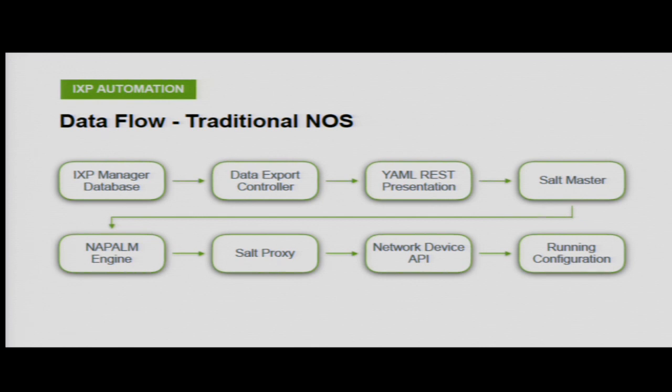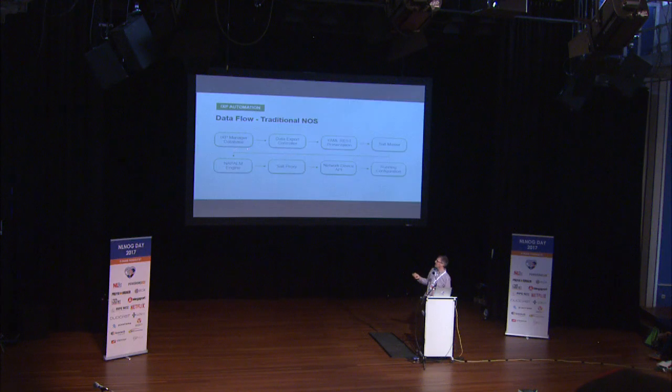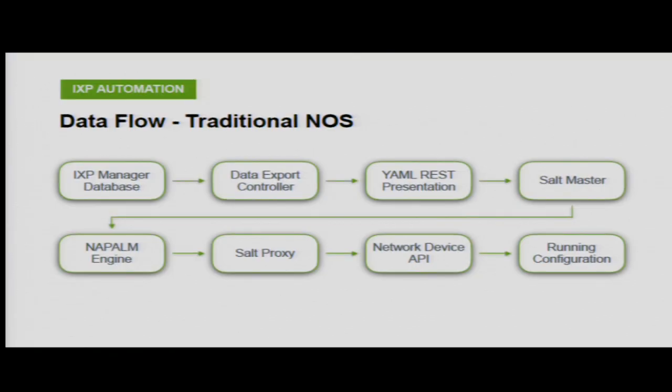All right, so our IXP Manager database is an SQL backend. We have a data export controller, which is code written in PHP. Please don't puke. PHP has its good points, and if anybody pukes, bear in mind I'm holding a laser pointer and I will zap your eyes out.